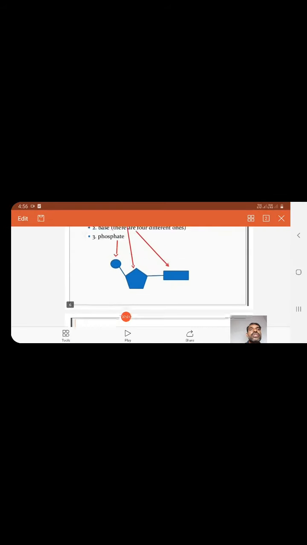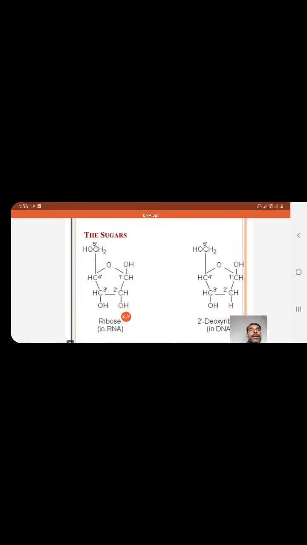Now I can explain the structure. What is the main difference between thymine in the structure of DNA and uracil in the structure of RNA? See, the structure of thymine has a six-membered ring. You can see the structure of pyrimidines and sugars.